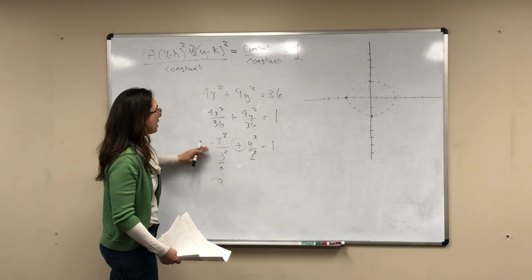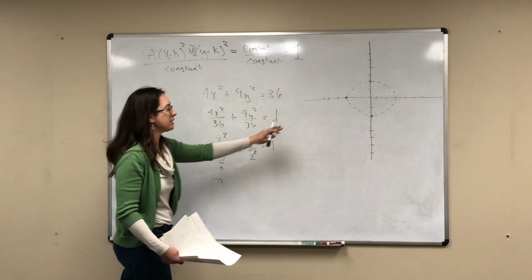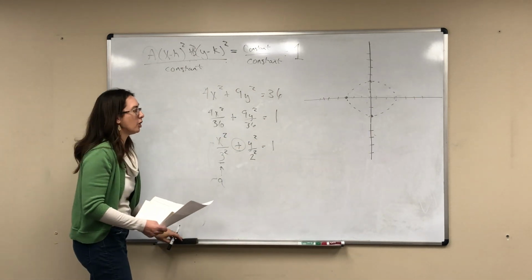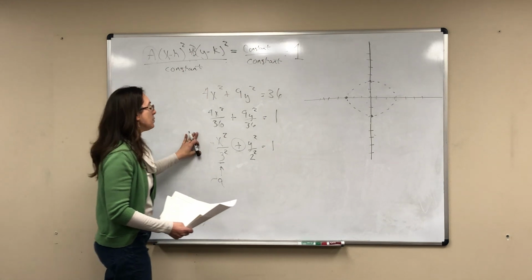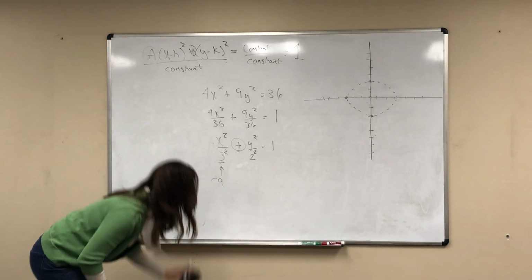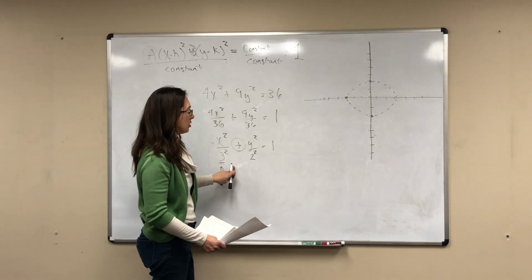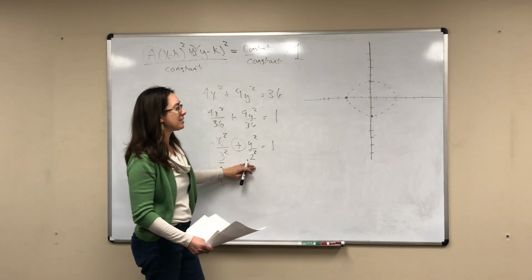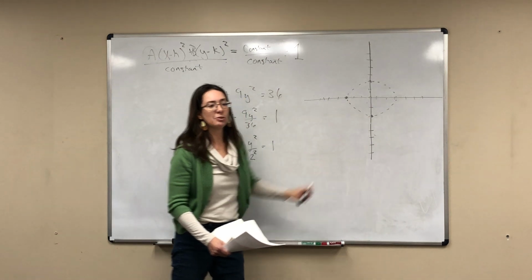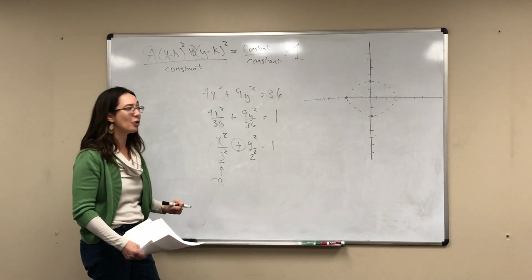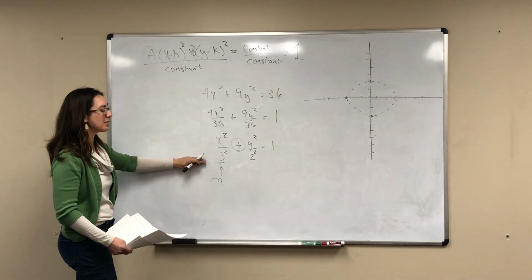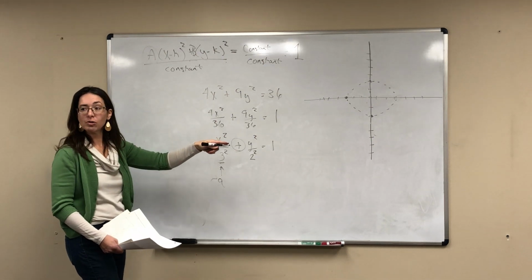Okay. So the numbers underneath, the coefficients, tell us how we are moving along it. So let's think about it. As these numbers get closer and closer together to where they end up being the same, what shape do we get? A circle. That's why when the coefficients are the same, it's a circle. Okay?